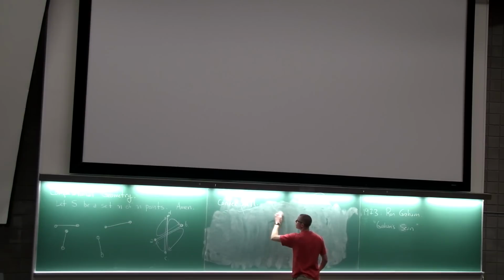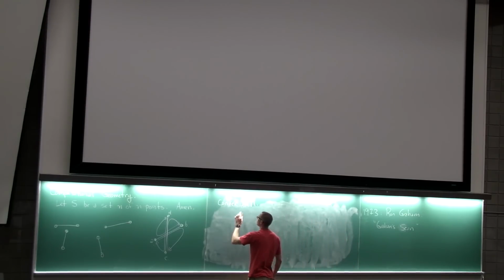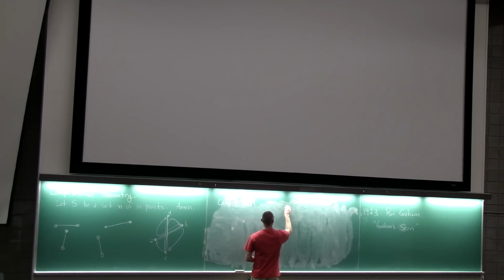So it turns out that a really powerful technique in computational geometry is to first sort the points. So here's a set of points.